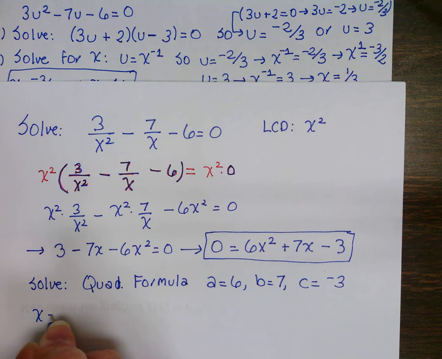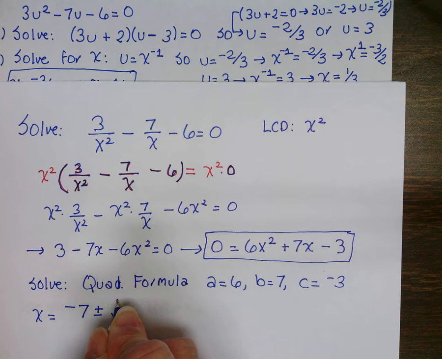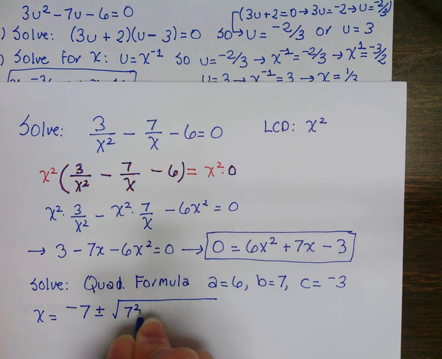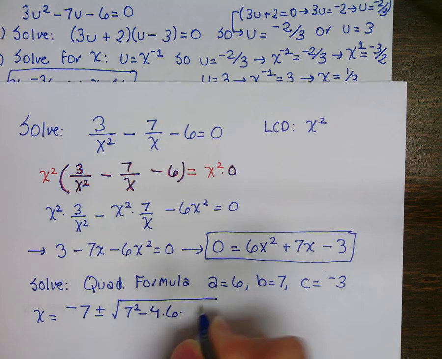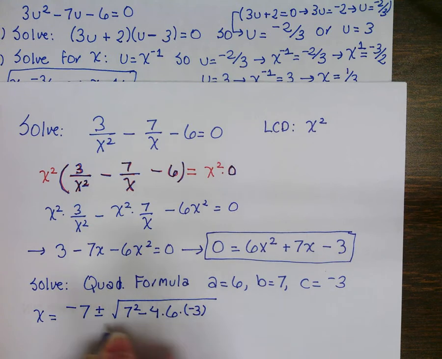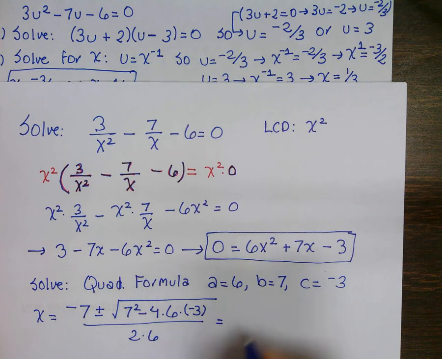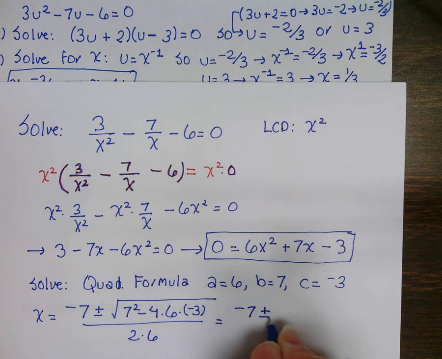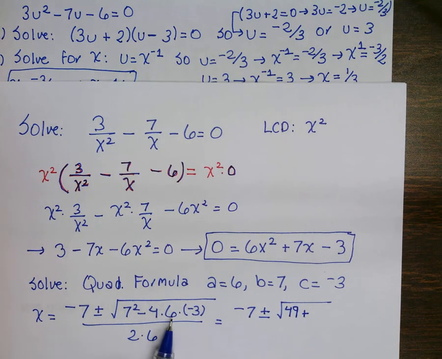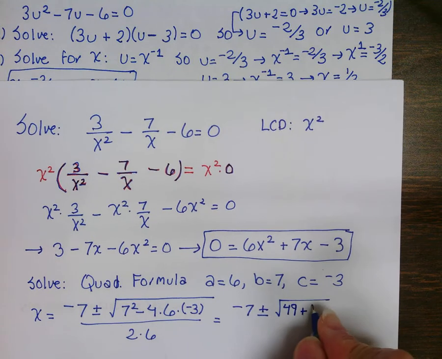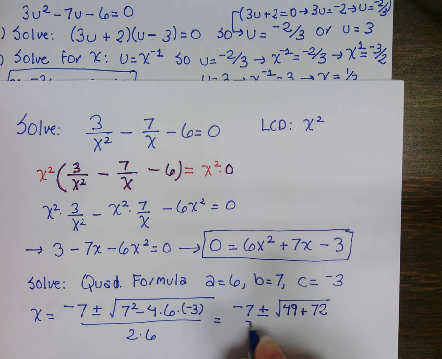So x equals the opposite of b plus or minus the square root of b squared minus 4ac all over 2 times a, which is -7 plus or minus the square root of 49 plus what? 24 times 3 is 72, all over 12.